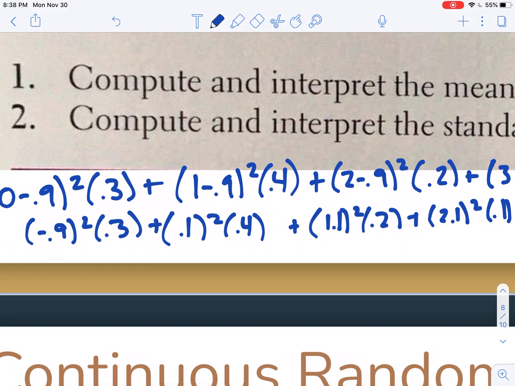All right, so we'll go ahead and we will get all of these values squared. So this is 0.81 times 0.3.